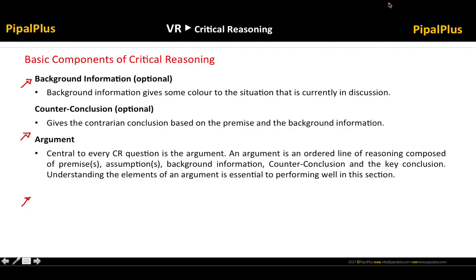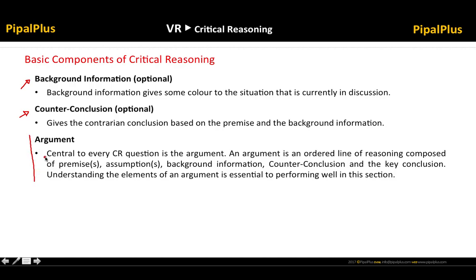Sometimes there may be background information. Some critical reasoning arguments may or may not have background information. Some arguments, while they may have a main conclusion, may also talk about countering that conclusion, and that is a counter conclusion. All of these components together form the argument of a critical reasoning.